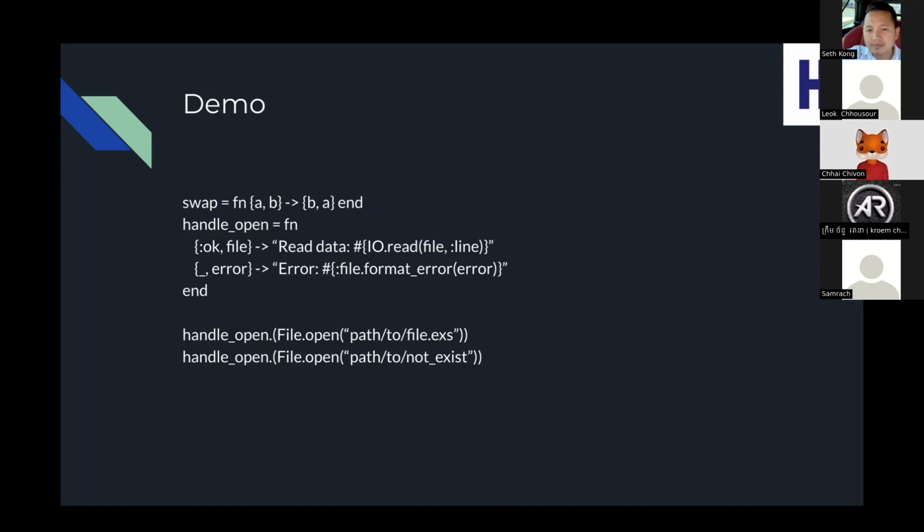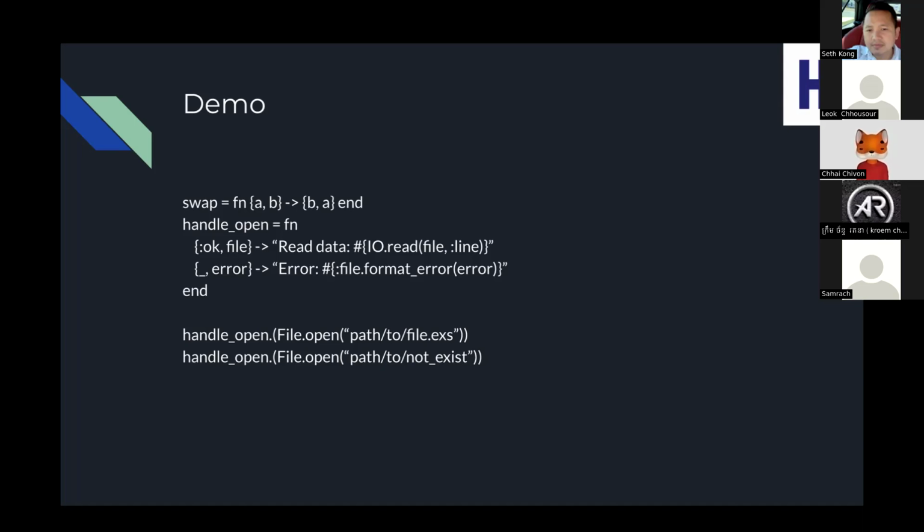You can call handle open with parentheses, and inside that you call file open on some path. If that file exists, it returns OK and file, and the first line will process. If you file open and the file does not exist, you get an error, then the second line will process. How does it know to go to the first line or second line of the function?